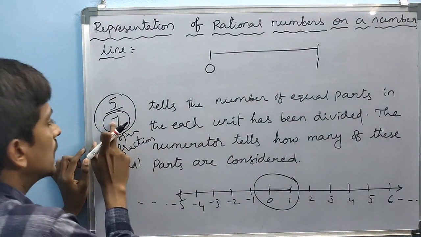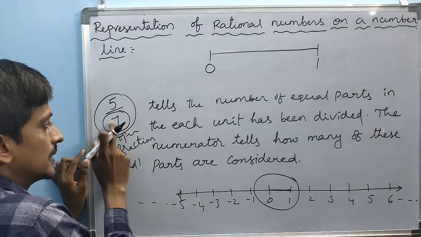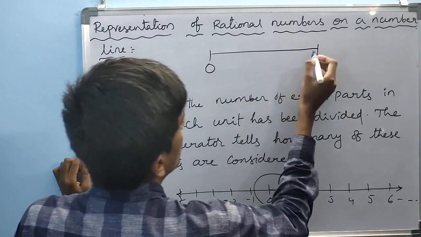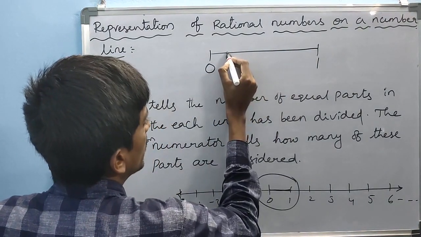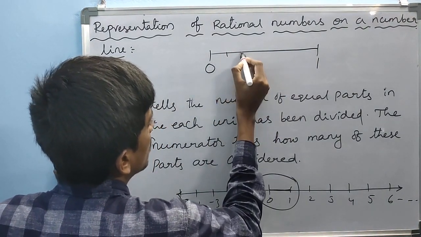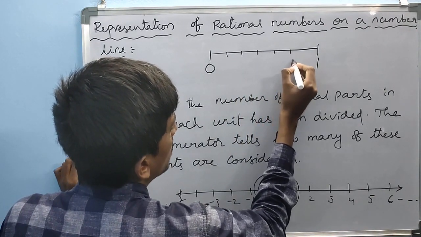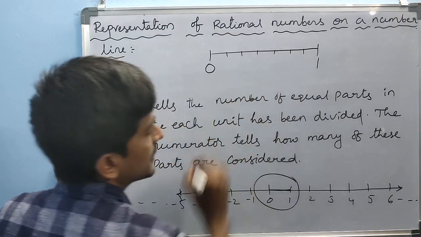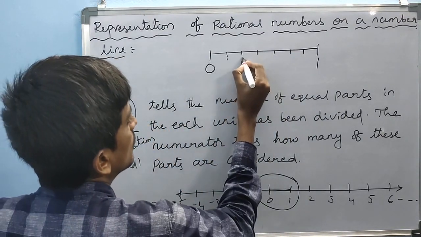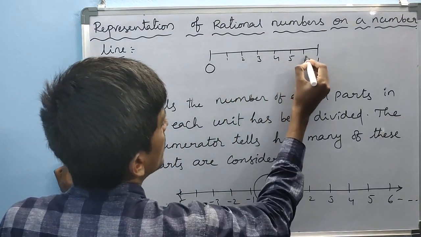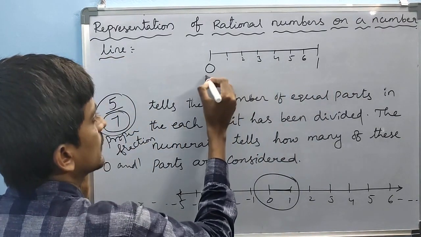So this 0 and 1 can be divided into 7 parts. 1 part, 2 parts, 3 parts, 4 parts, 5 parts, 6 parts, 7 parts. 1, 2, 3, 4, 5, 6 and 7. Okay.